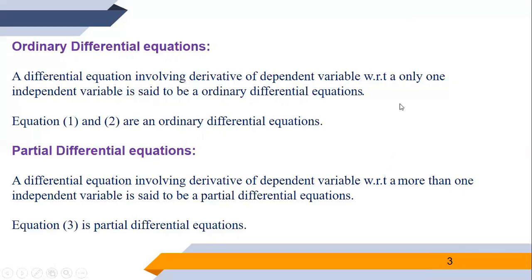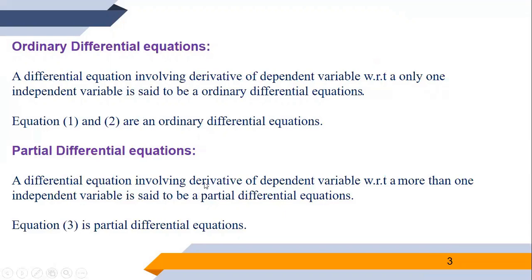So what is the difference between ordinary differential equation and partial differential equation? In ordinary, there is only one independent variable. In partial, more than one independent variable. The short form is PDE.